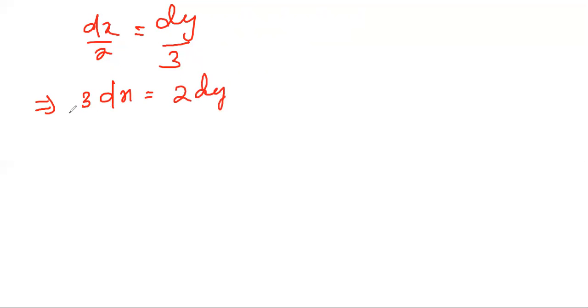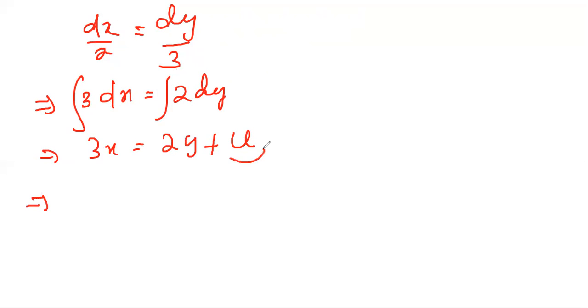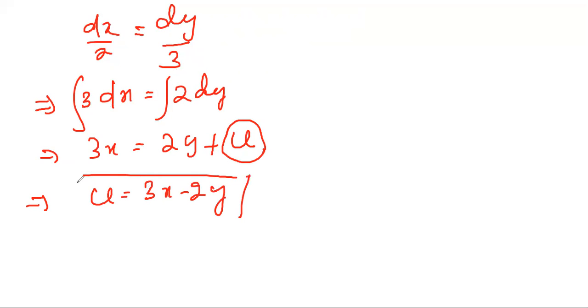Then integrate this: 3x is equal to 2y plus u. And u is the integrating constant, which is one solution, a function of x and y. So what is u? u is equal to 3x minus 2y. This is the u value. One solution we have found here.